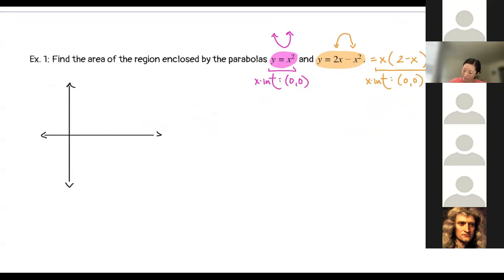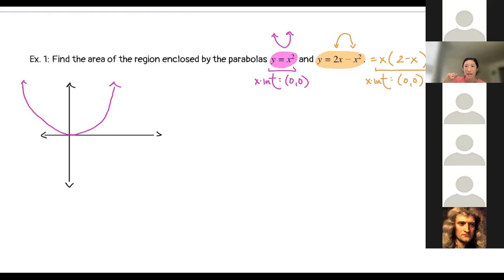Okay. Now, I know that the pink parabola maybe looks something like this.